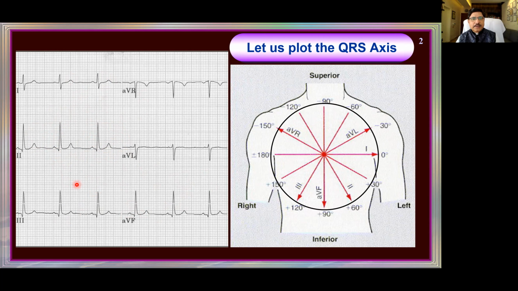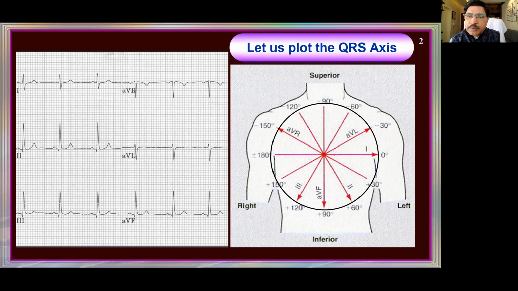Another thing that you can do is plot the axis. How do I plot it? What is the deflection in L1? R is 5, S is 3, isn't it? R and S are 5 minus 3, so the actual net deflection is 2. On the L1, I will mark it as, okay, I can't mark it, it's not a pen, I have to bring a pen.